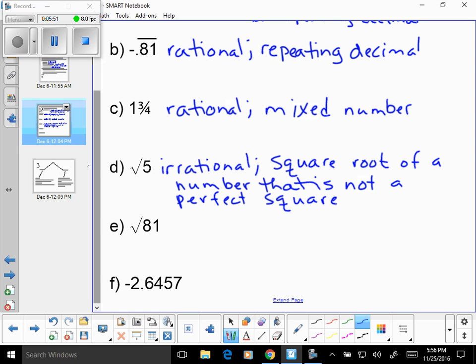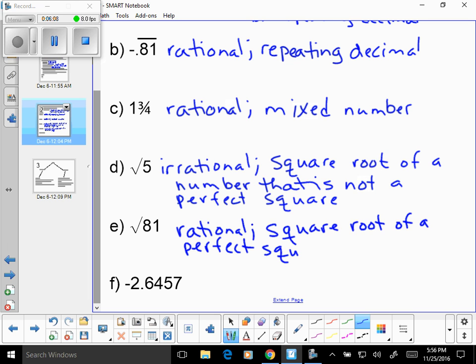E is going to be rational. It is the square root of a perfect square. You could give an alternate explanation that it's an integer.